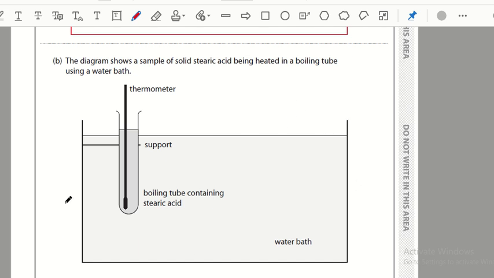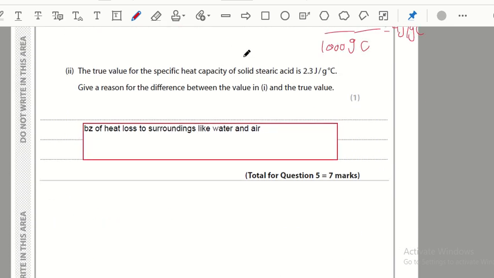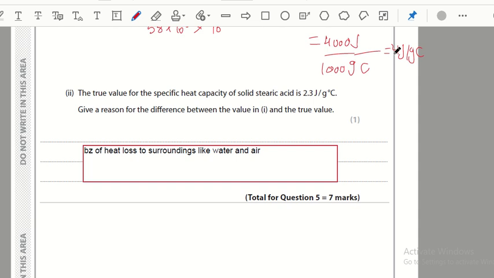You can also say the wall of the container or wall of the tube. So although the acid only needs 2.3 joule per gram to increase its temperature 1 degree centigrade, it needed in reality 4 because of the loss.